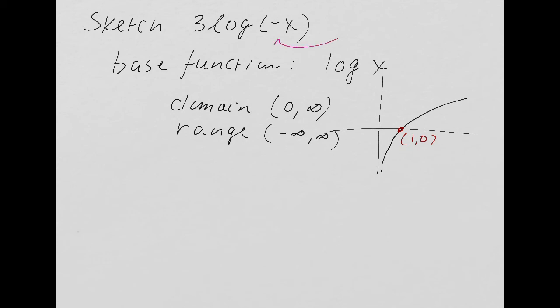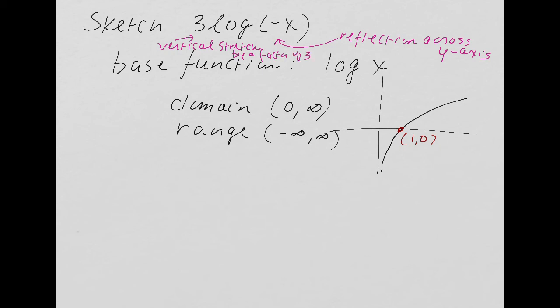So this negative, it's happening inside the log. And what this is doing is it's reflecting the graph across the y-axis. And then the multiplication by 3 is a vertical stretch, and that's by a factor of 3.